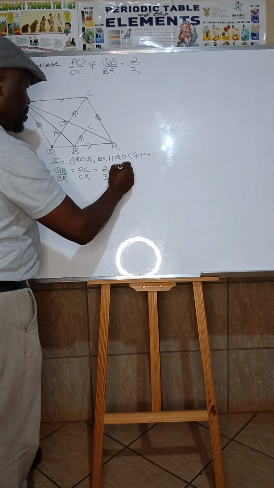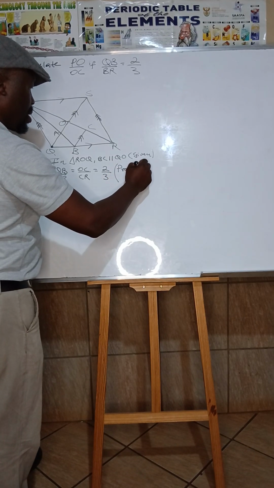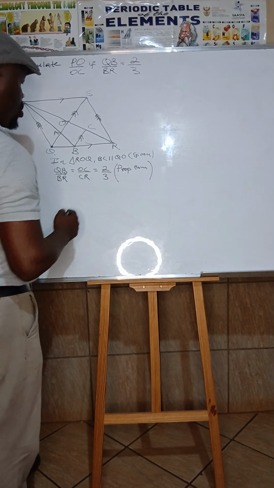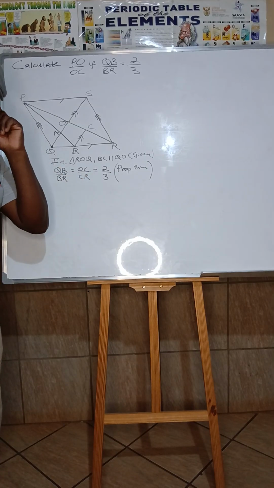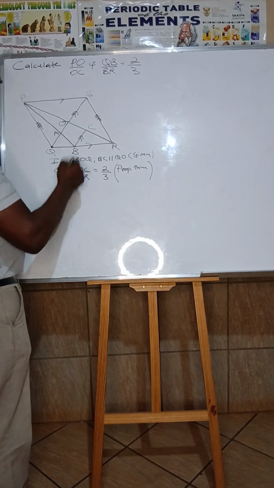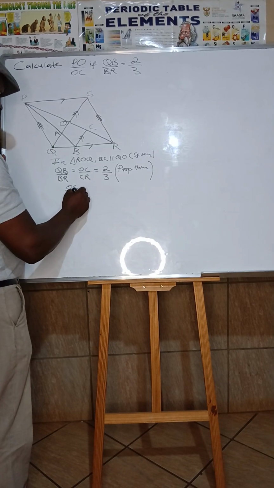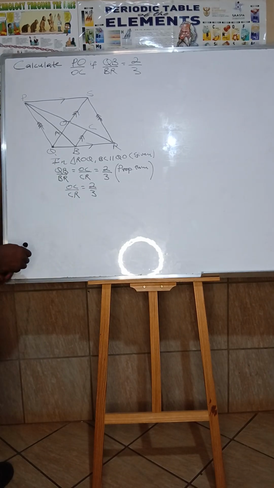So over here we've applied the proportionality theorem. Now, this simply tells us that OC divided by CR on its own is equal to 2 over 3.